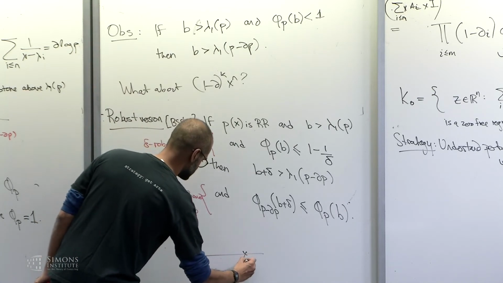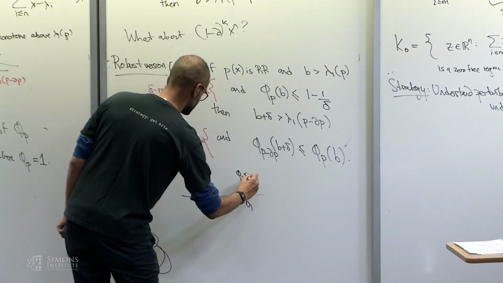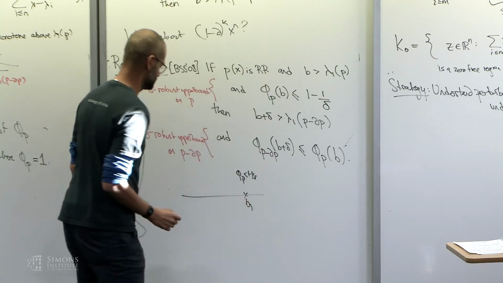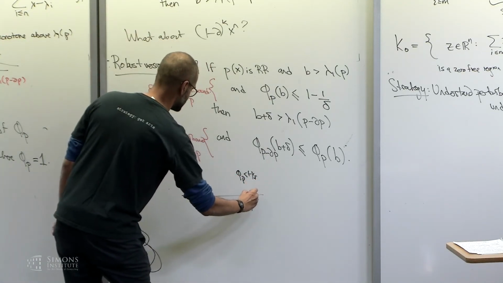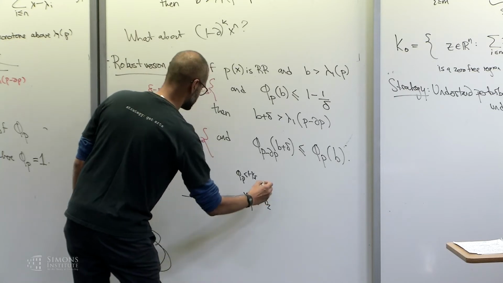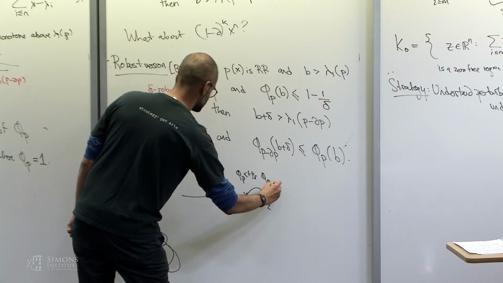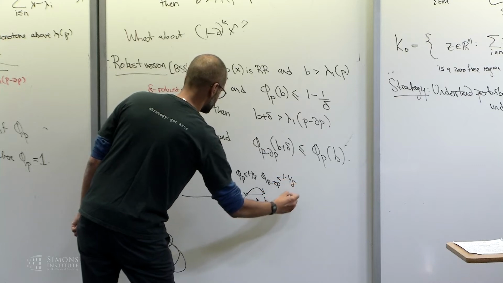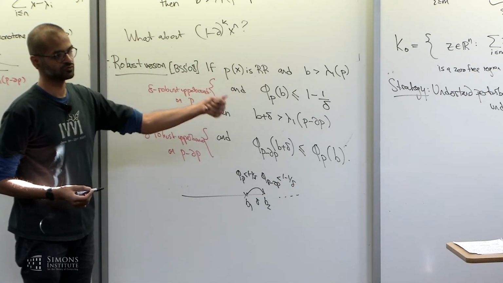Let's say this is your B1, and you know that phi of P is less than 1 minus 1 over delta. When you apply this differential operator, this will move by delta to get some value B2, and you'll have exactly the same induction hypothesis, that phi of P minus partial P is less than 1 minus 1 over delta, and you can continue doing this any number of times. Every time you just move by delta.